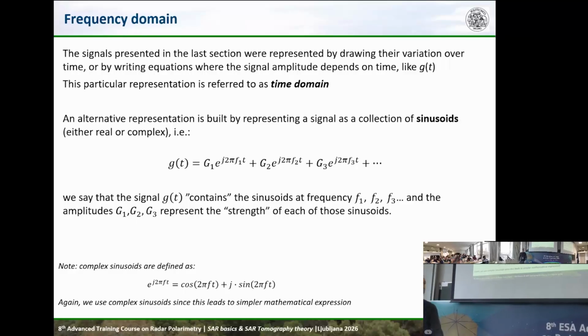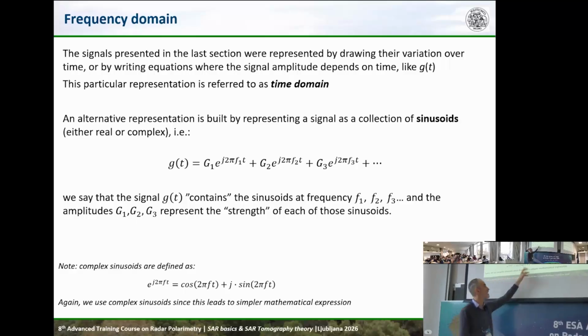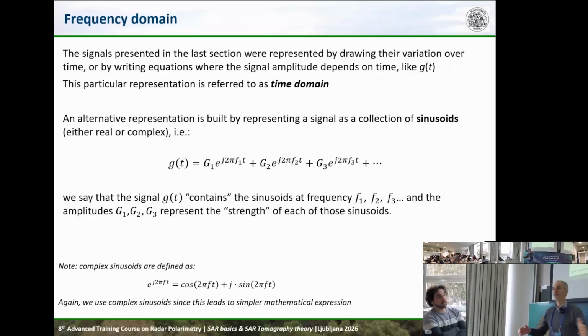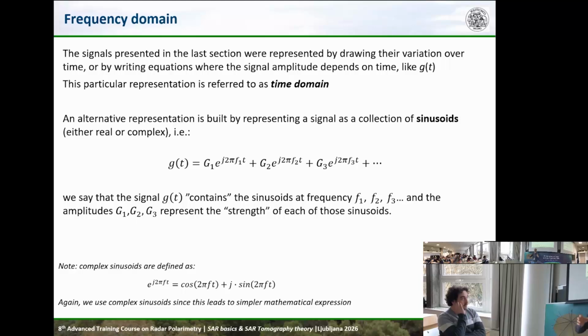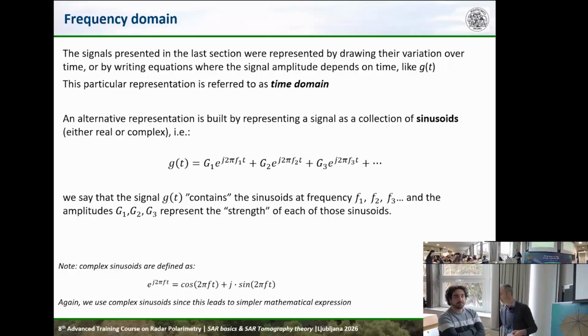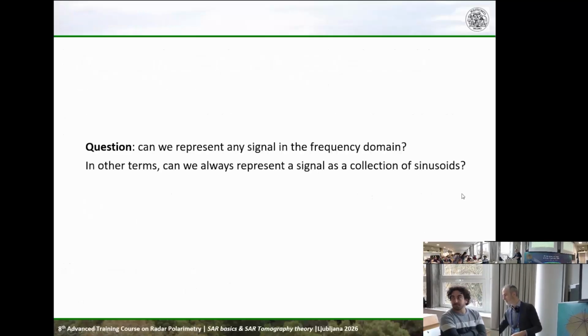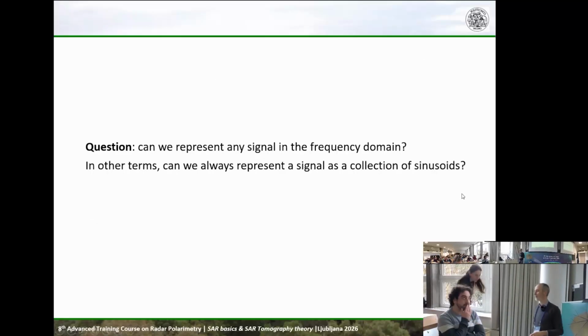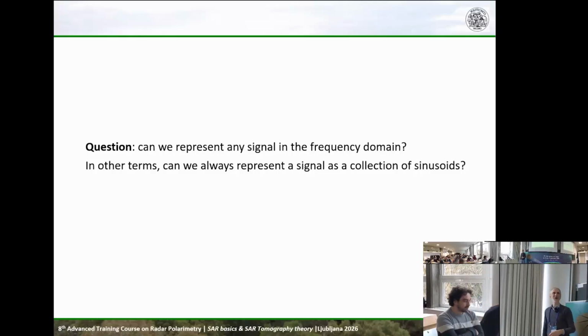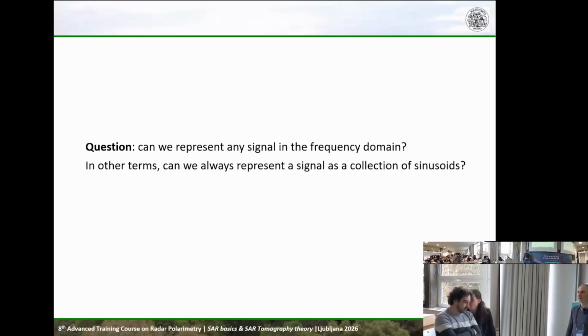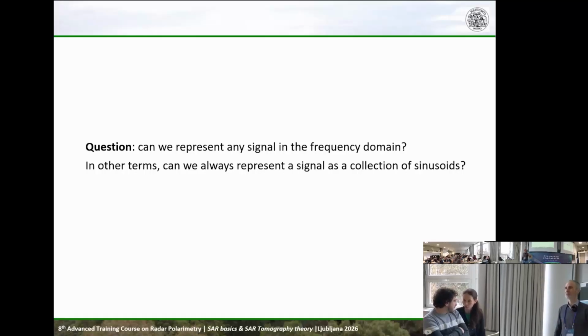complex sinusoids. A complex sinusoid is nothing else than a sinusoid where the real part is a cosine and the imaginary part a sine. So there is nothing more that you need to know. And good. Okay, so at this point it is correct to wonder, can we represent any signal as a collection of sinusoids?